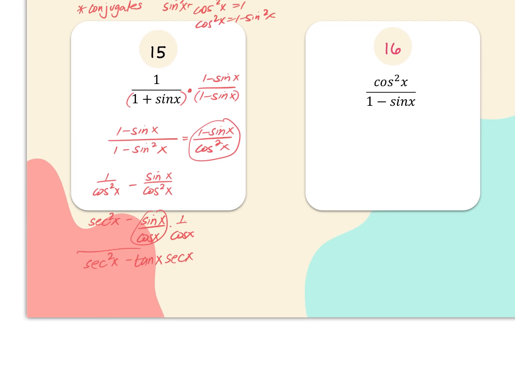And so at this point, I think I'll stop here. Again, I can get to other points, and most of the time, we're not just going to generically ask you to simplify it. We're going to give you the original problem, and tell you to verify that it is equal to, maybe, secant squared x minus tangent x secant x, and you'll do all the work along the way until you get there, okay?